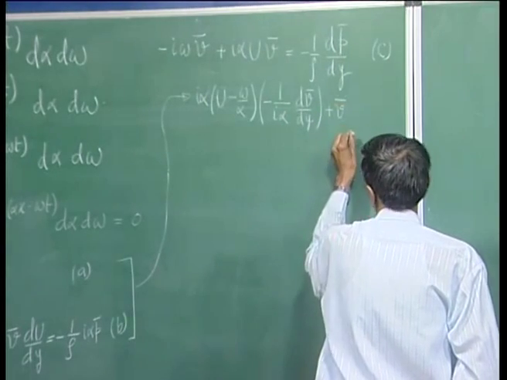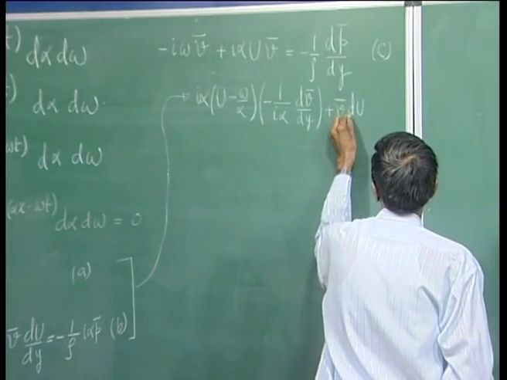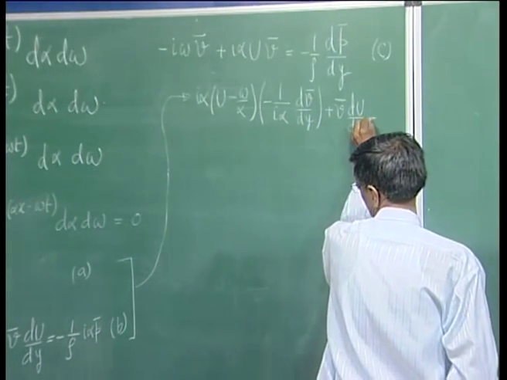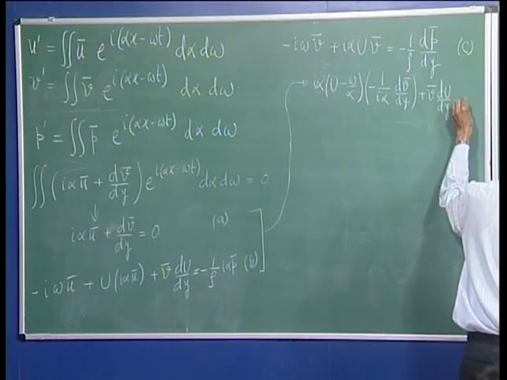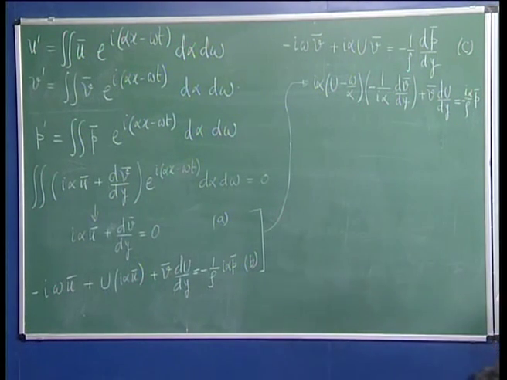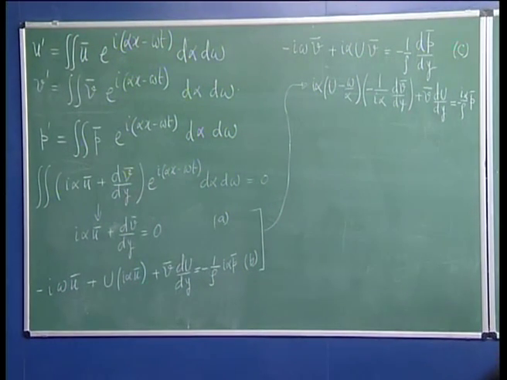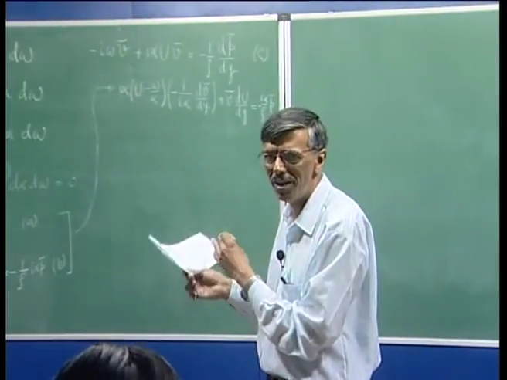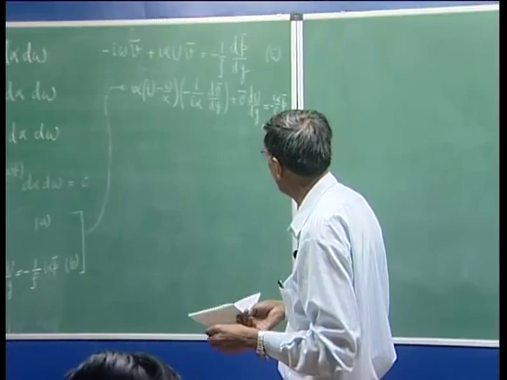So that is v bar du dy, and that is equal to minus I alpha by rho p bar. Okay. So what we have done in a sense is eliminated u bar from A and B.